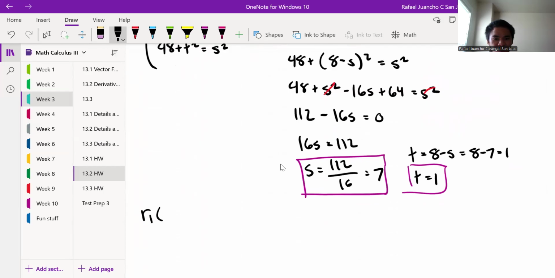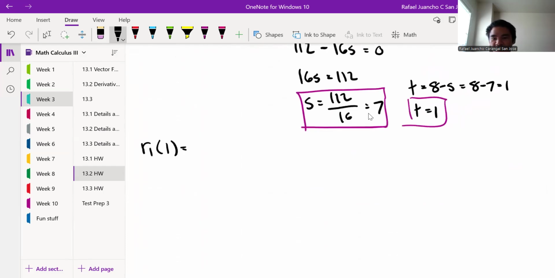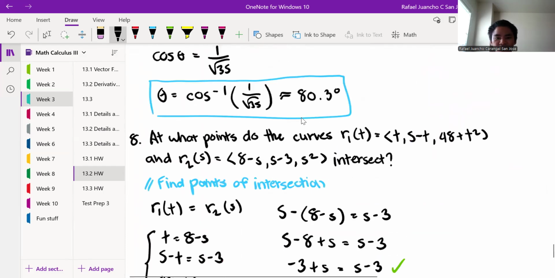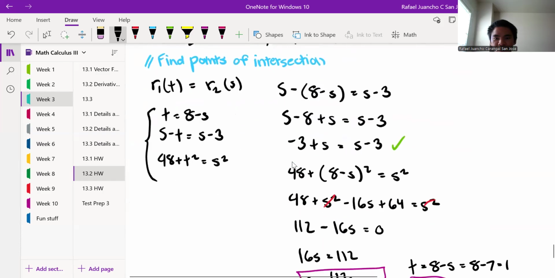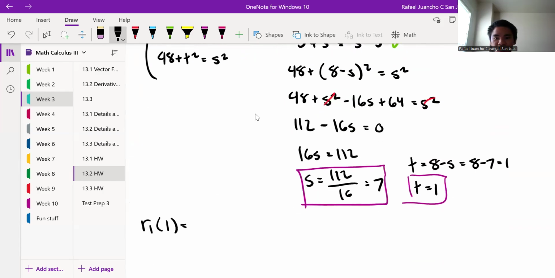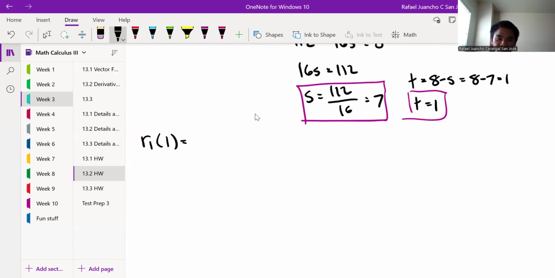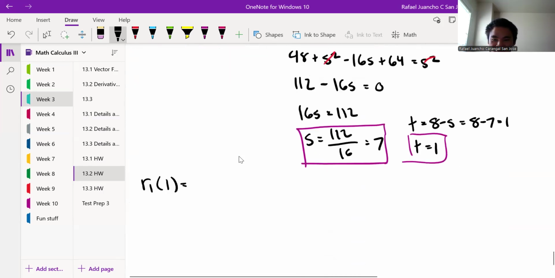R1 of 1, because my t is 1. So what this is saying is the curves intersect when t is 1 and when s is 7. And so I'm going to find both points. Well, technically they should give me the same point.